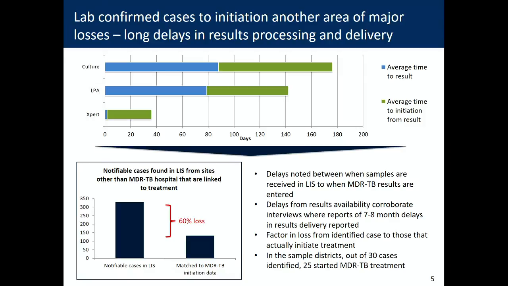However, in the sample districts that we saw, for those that actually were identified in the laboratory system, 25 were initiated onto treatment. So that's encouraging for these districts, but there's a huge component in the other districts where we're also seeing losses. From just the laboratory information system, we have about a 60% loss of all these patients to initiate MDR-TB treatment.